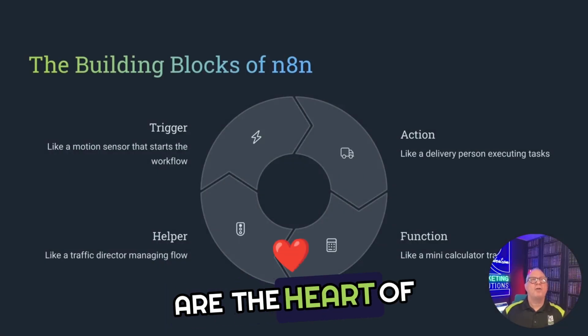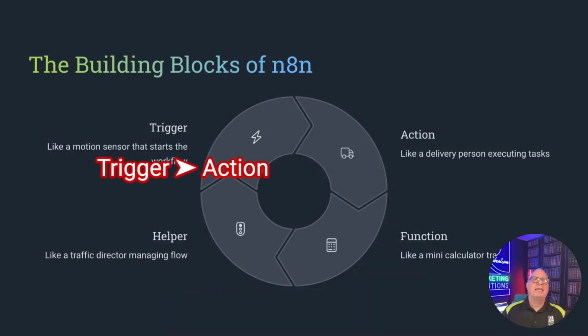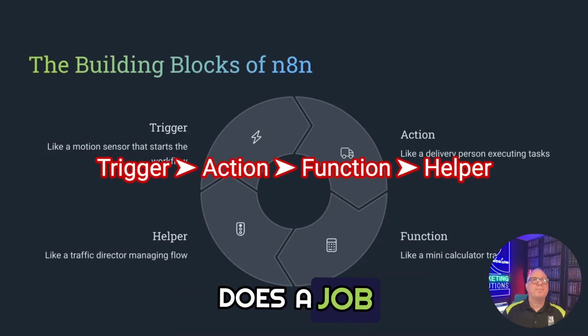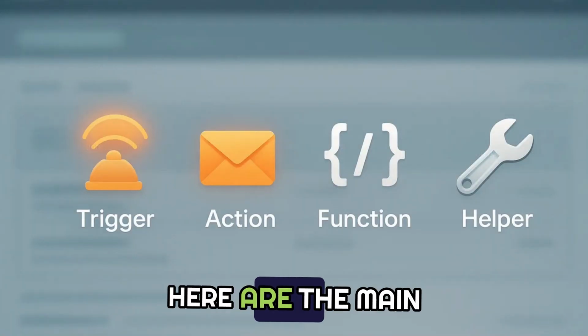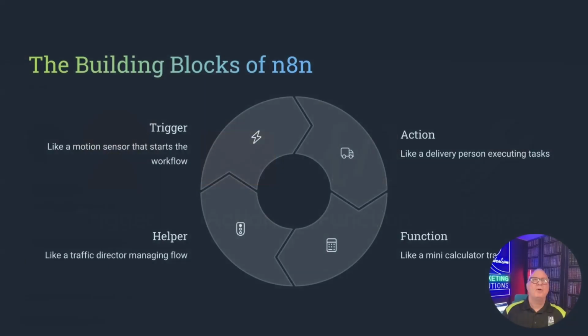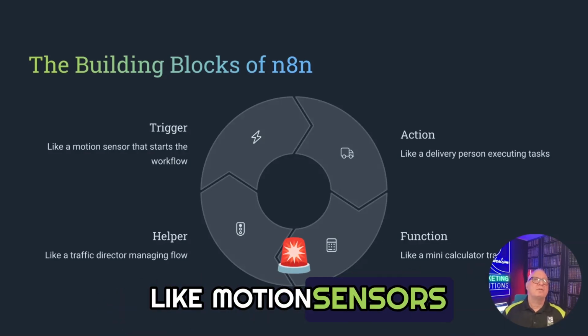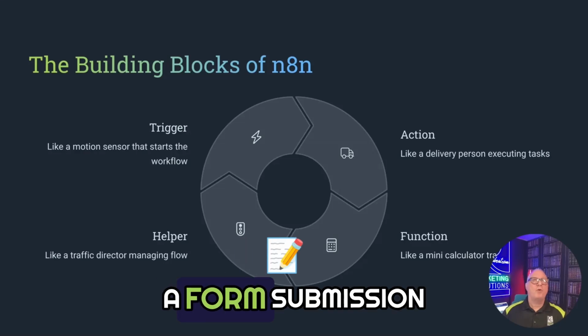Nodes are the heart of n8n. Each one does a job. Here are the main types. You have trigger nodes that start the workflow, like motion sensors. An example, a form submission.